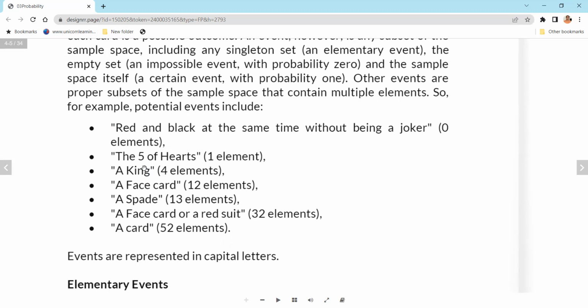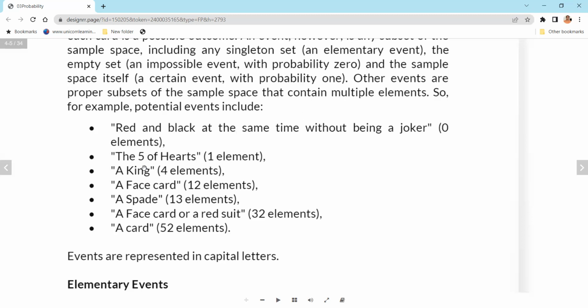The total sample space is 52, 13 into 4, since each suit has 13 cards. 52 is the total sample space. I'm looking for a king, so you have 4 favorable conditions. 4 by 52, 1 by 13 is your probability of getting a king.